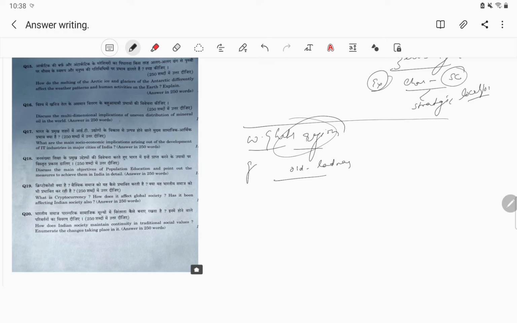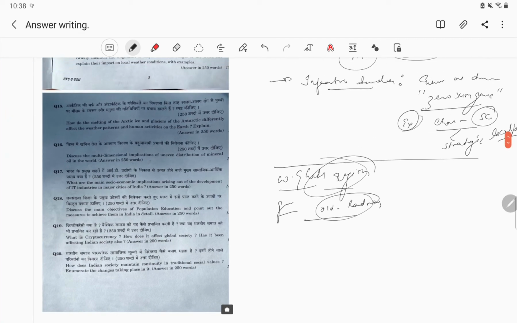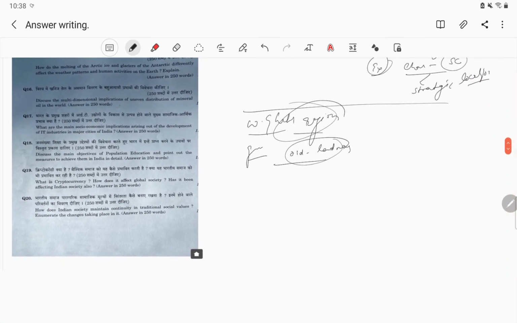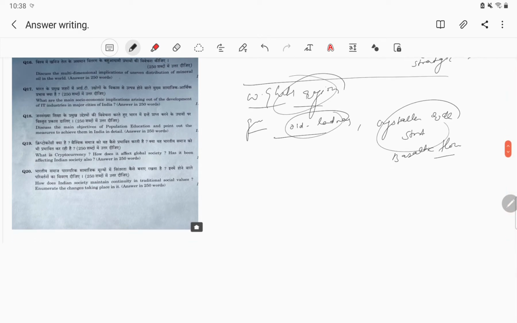Geologically, it's old landmass, and its rock structure is crystalline rock structure, which is having basaltic flow. So as compared to Himalayan region, it's more or less stable landmass. So risk activity is low as compared to Himalayan region.